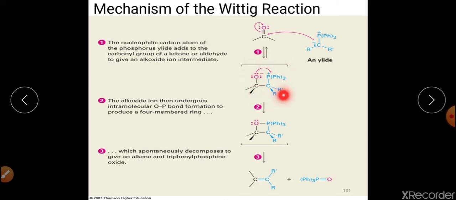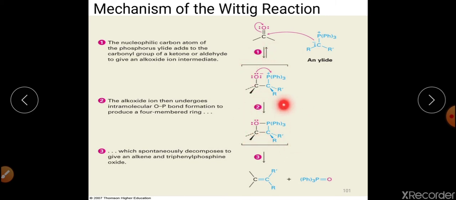This is the main step, that is why this reaction happens, right? The formation of this oxygen-phosphorus bond is the key factor, the reason why this reaction happens. The reaction happens basically because there is formation of a bond between oxygen and phosphorus.